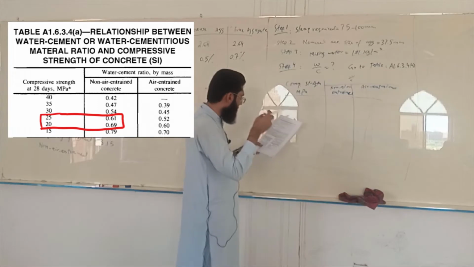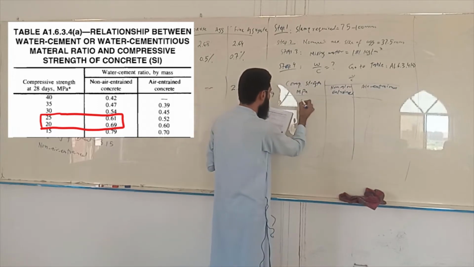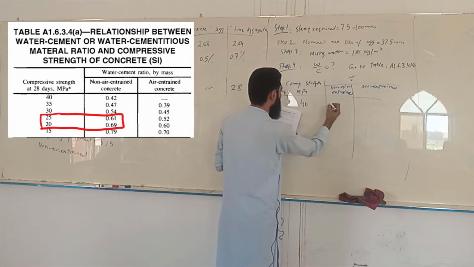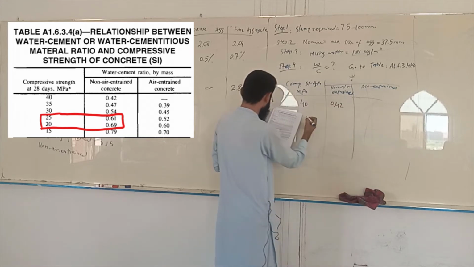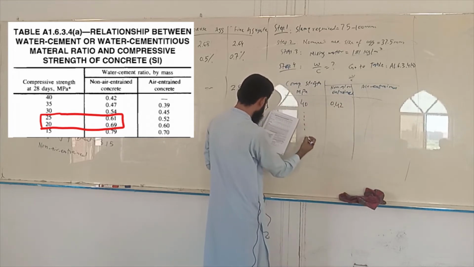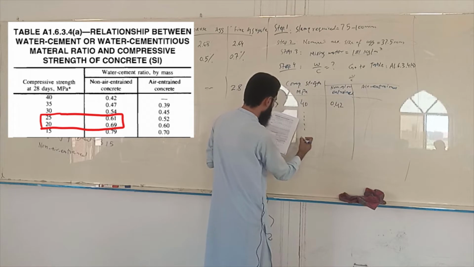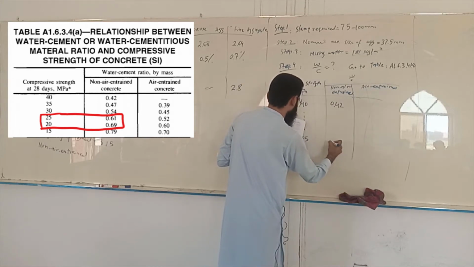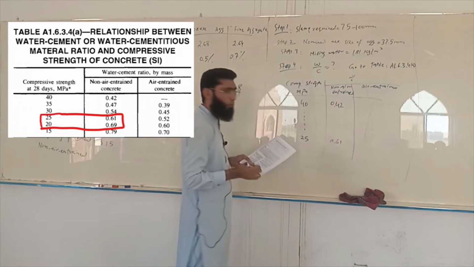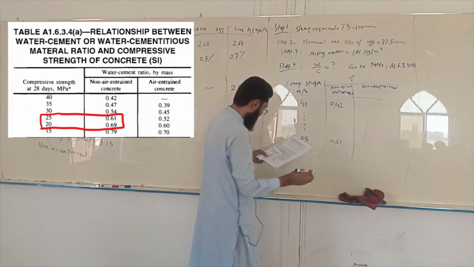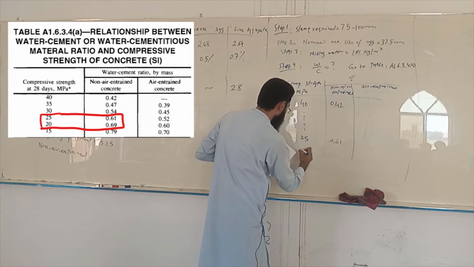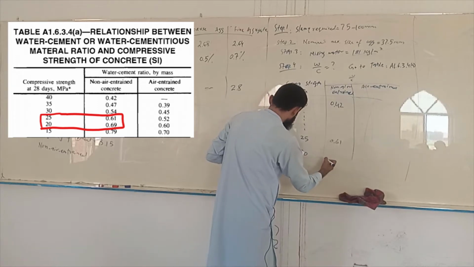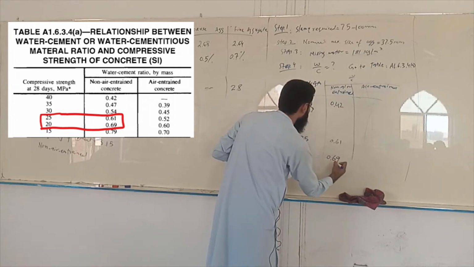So non-air entrained concrete, and on this side you can see for 40 megapascal, you need to have a 0.42 water cement ratio, and then it goes down to 25 megapascal, where it says you need 0.61 water cement ratio, and for 20 it says it should be 0.69.